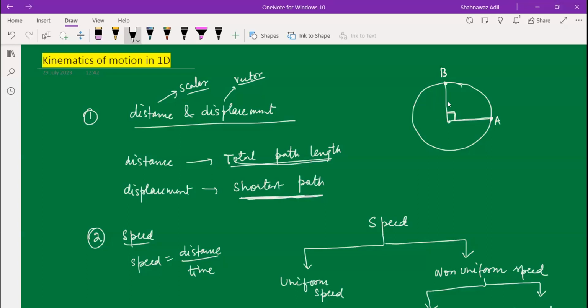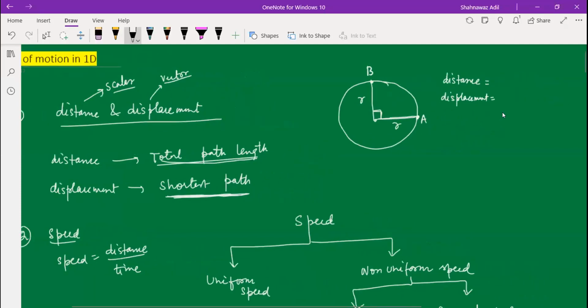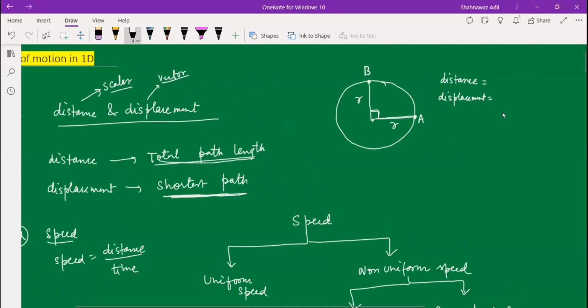Let's say the radius is R. So can you guys tell me what would be distance and what would be displacement, magnitude wise? I'm only talking about magnitude. From A to B, what would be the distance? What would be the displacement? Please calculate this one and tell me.